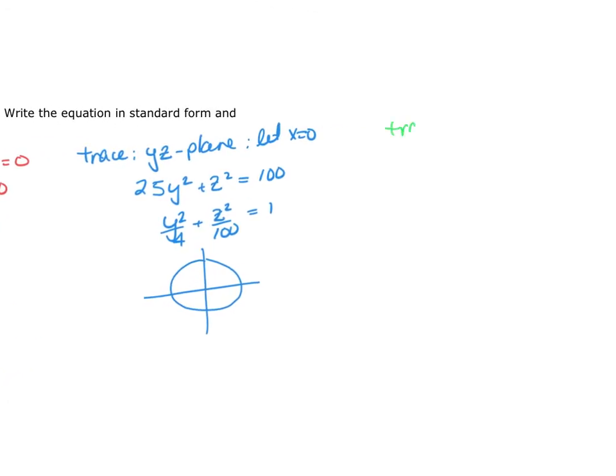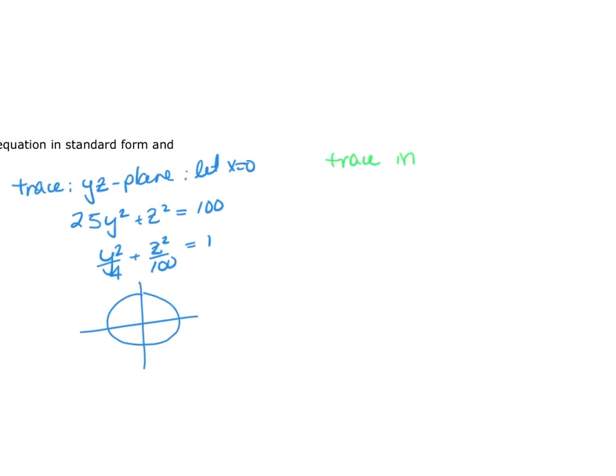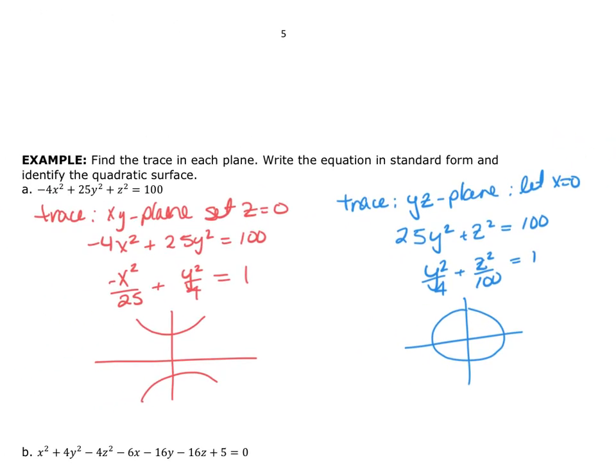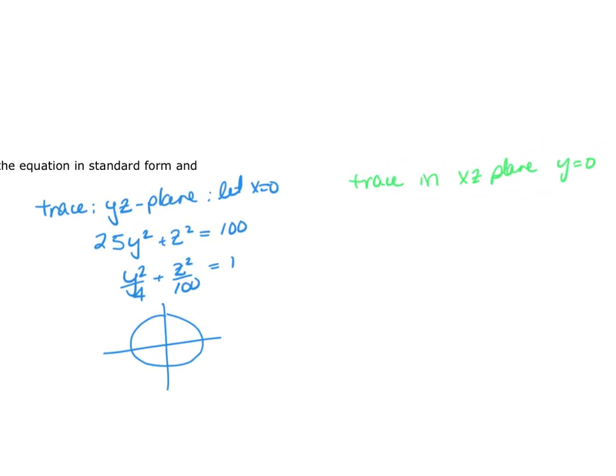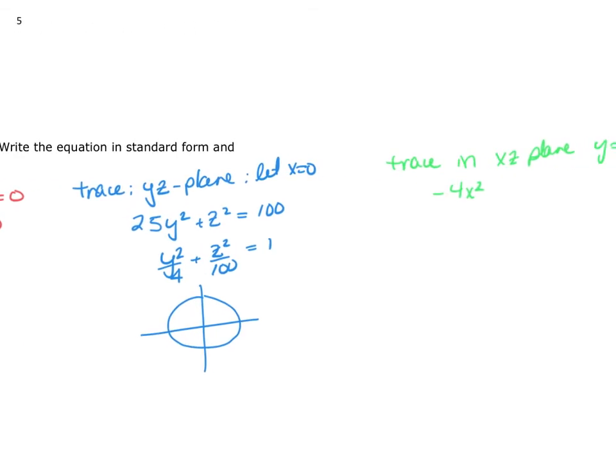Now the trace in the, what's the one that's left? So I did xy, yz. So the trace in the xz plane, we let y equal 0. And when we let y equal 0, we've got negative 4x squared plus z squared is equal to 100.